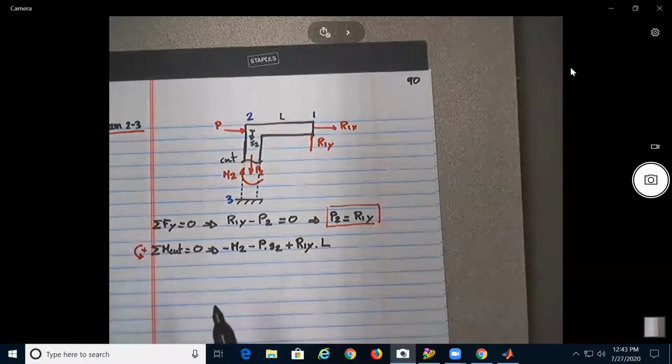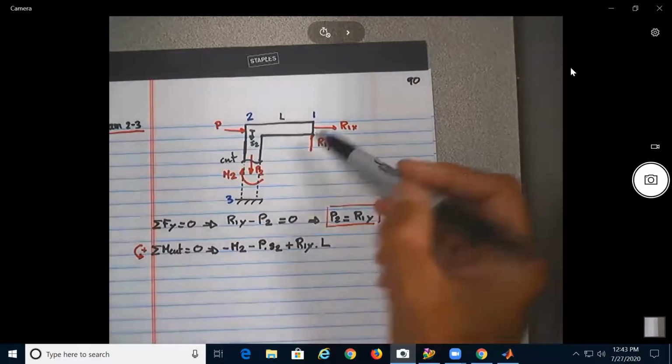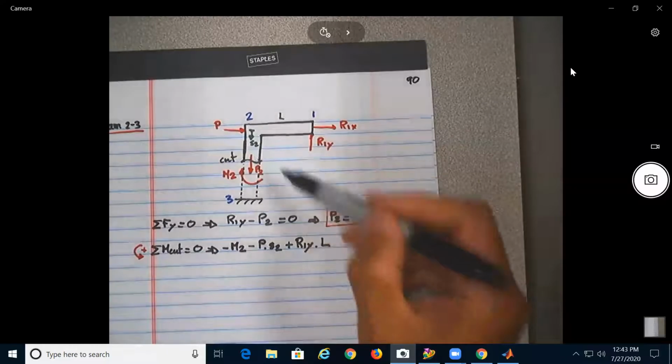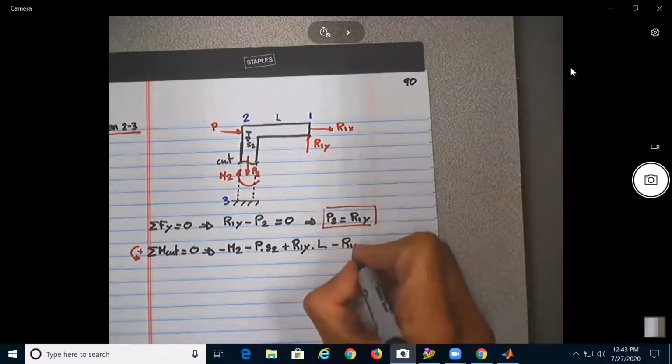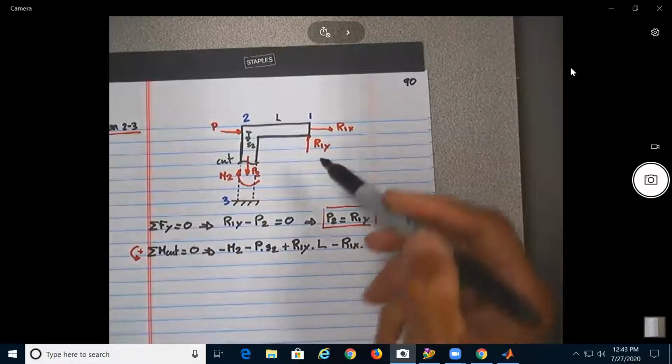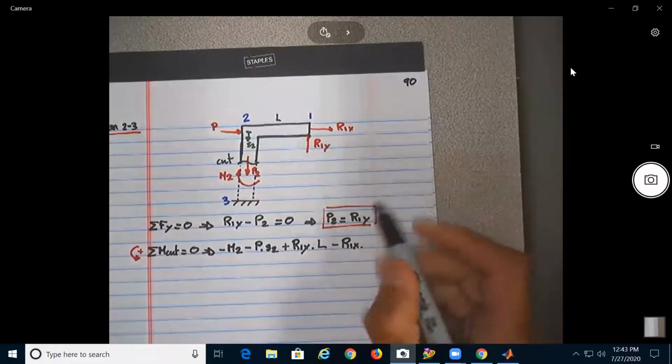And R1X is creating a moment in the clockwise direction, so it will be negative, minus R1X, and now again, the arm should be S2.